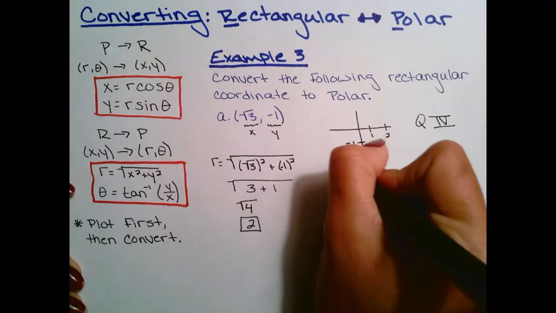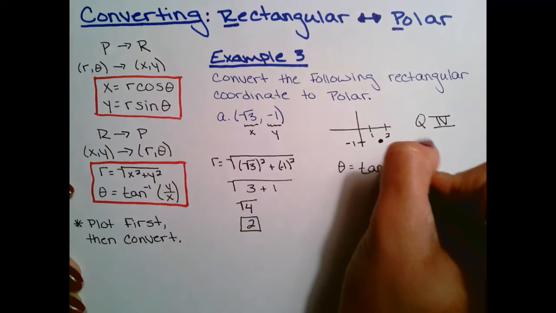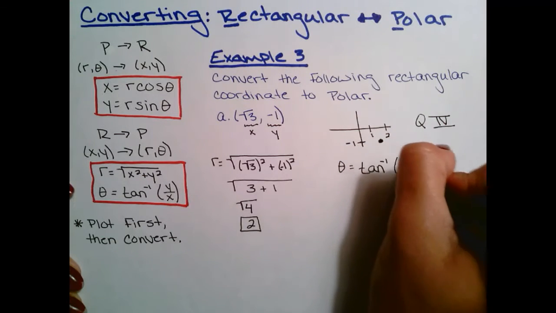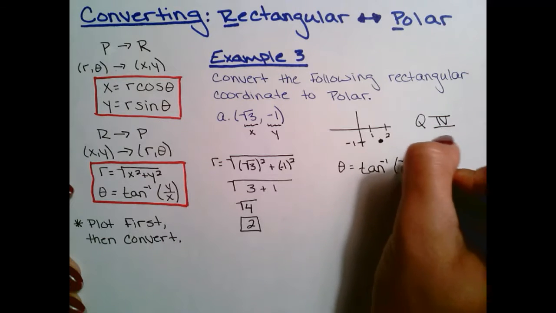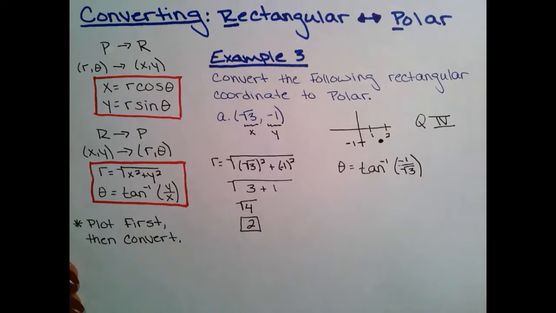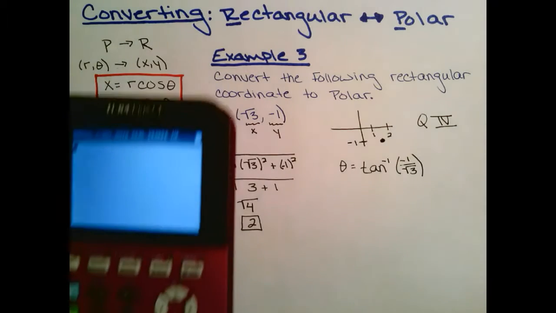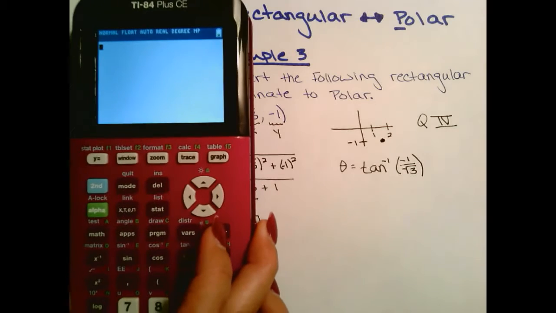And now for theta, I'm going to say inverse tangent of my y value, negative 1, over my x value, which is radical 3. This one, if you're very confident with your unit circle, you can do this in your head. If not, feel free to plug this into your calculator.